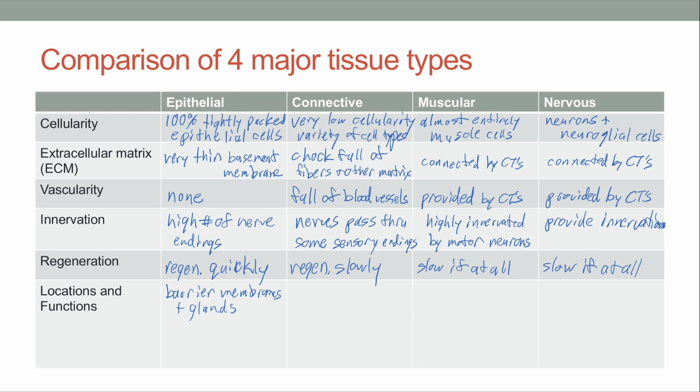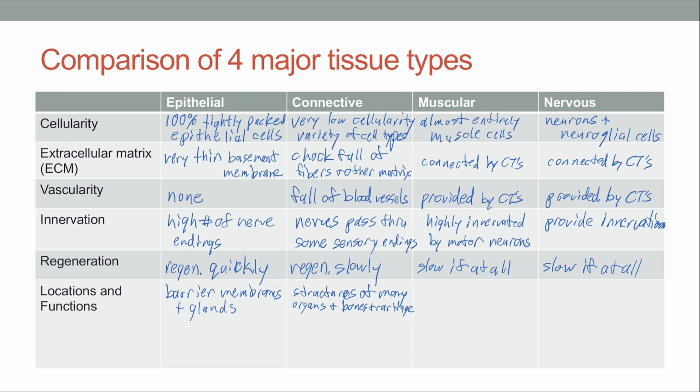Connective tissues are the main structural element of many organs. And they also are the entire structure of bones and cartilage. Pretty much the entire skeleton is connective tissue.